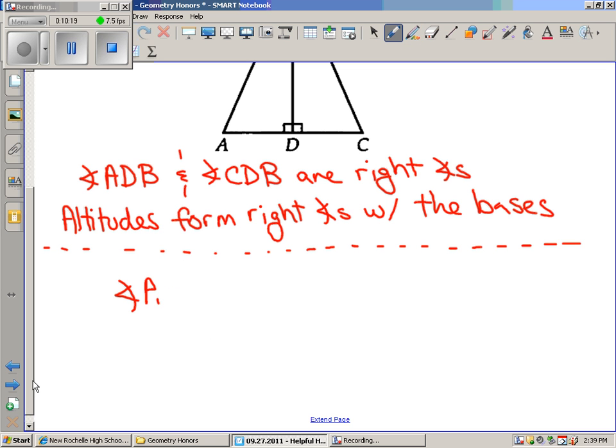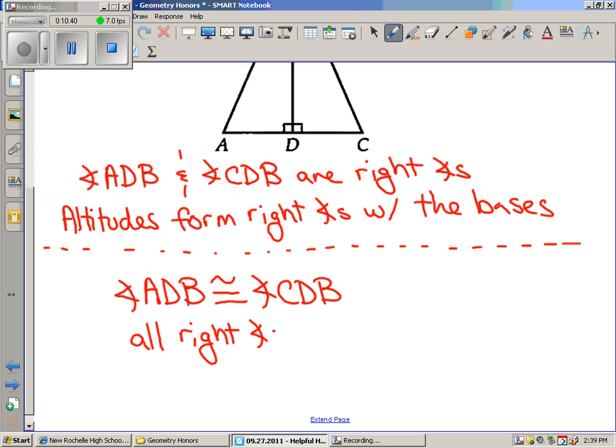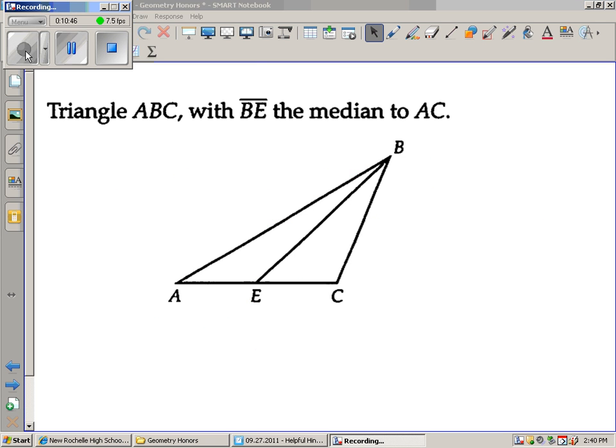Angle ADB. You yell it out when you know what I'm going to write down. Yeah, these two are congruent. That's one of the more important features of this. ADB and CDB are congruent. Why? Because all right angles are congruent. There's no difference between them. All right angles are congruent.